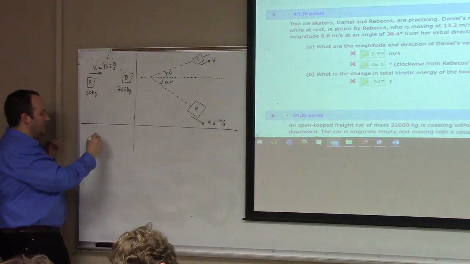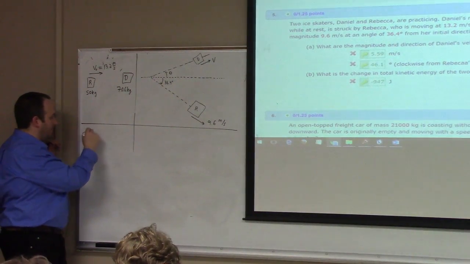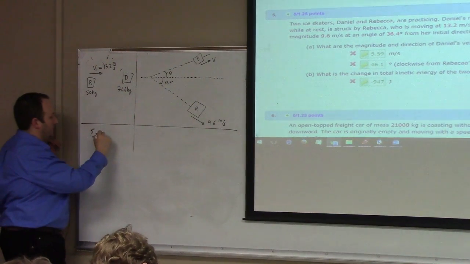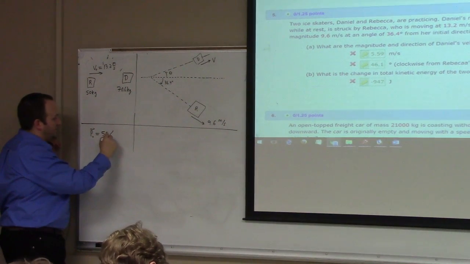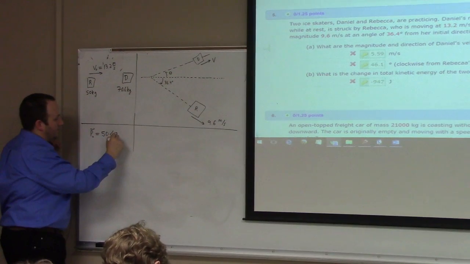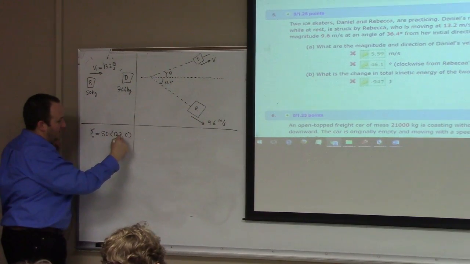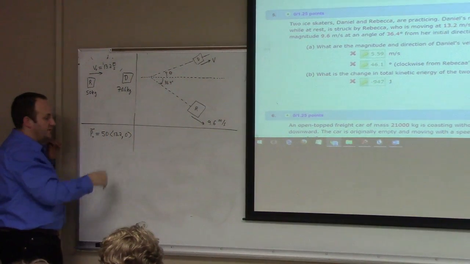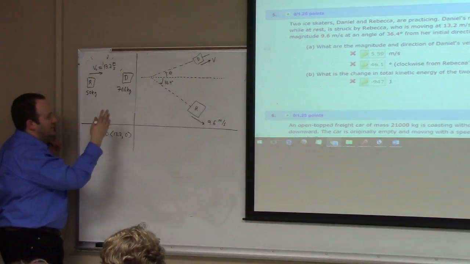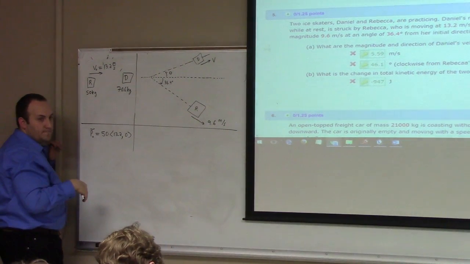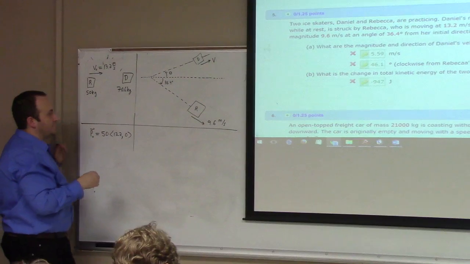So what's the initial momentum? 50 times 13.2, 0. In other words, it's horizontal. That's the mass. What's the momentum of Daniel? Doesn't have any. That's right.